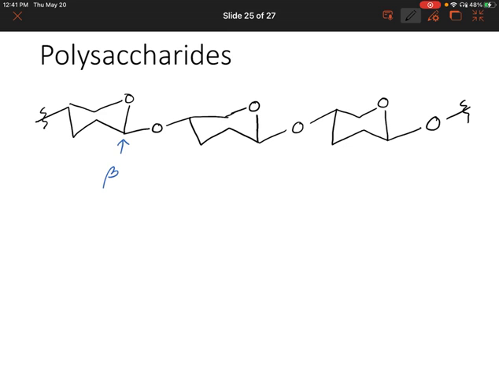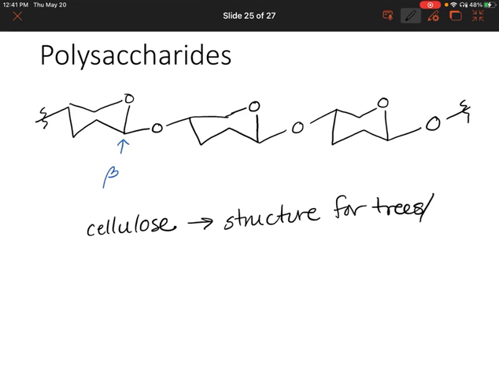For instance, one of those chains is called cellulose, and cellulose is what provides the structure for trees and plants. Okay, so another one is starch, and there's many other examples as well, but starch is in our food. And these are just composed of these long chains of monosaccharides.